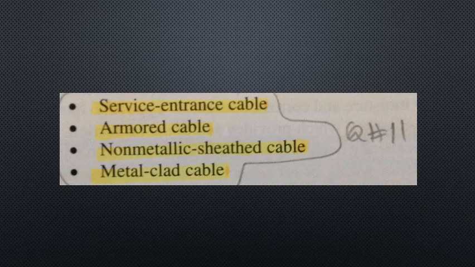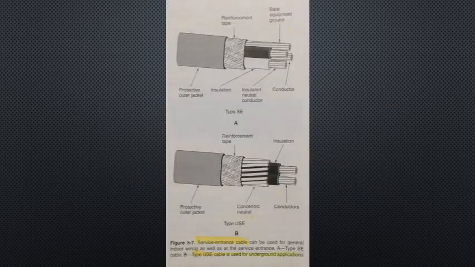Service entrance cable, that's SE, USE, and ASE. Service entrance cable has conductors that can be used not only for service entrance wiring but also for indoor applications.